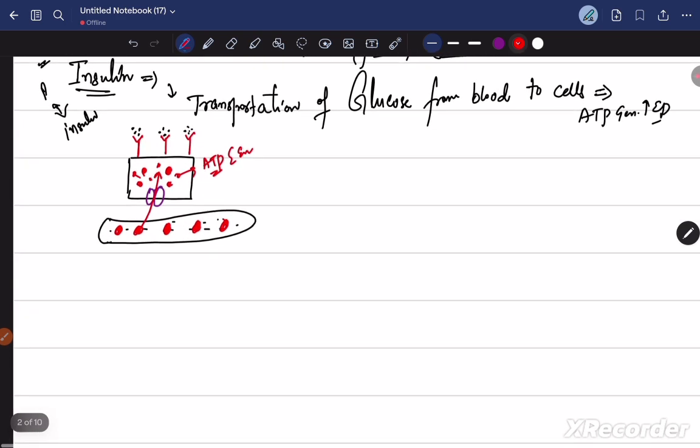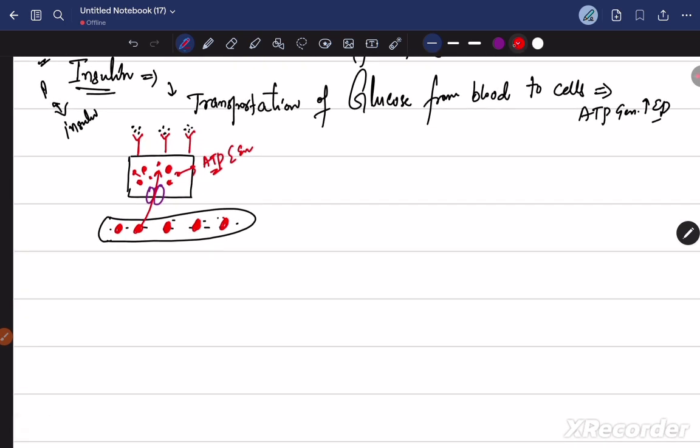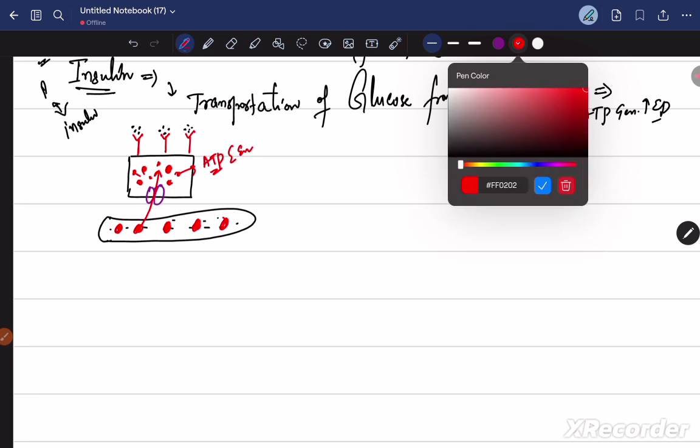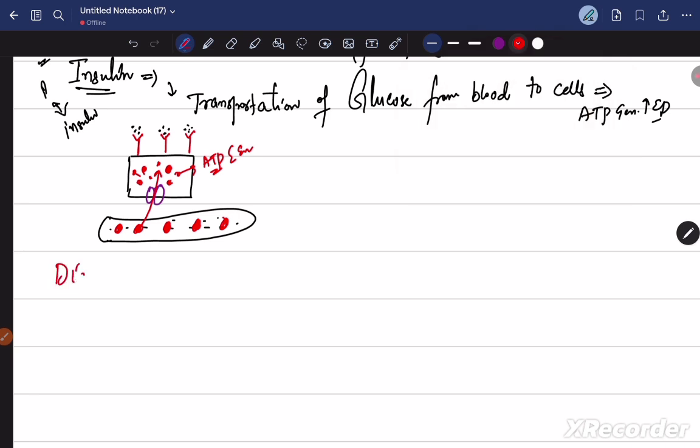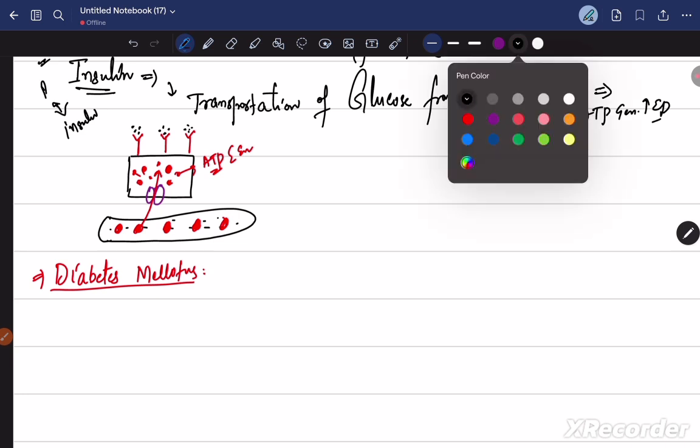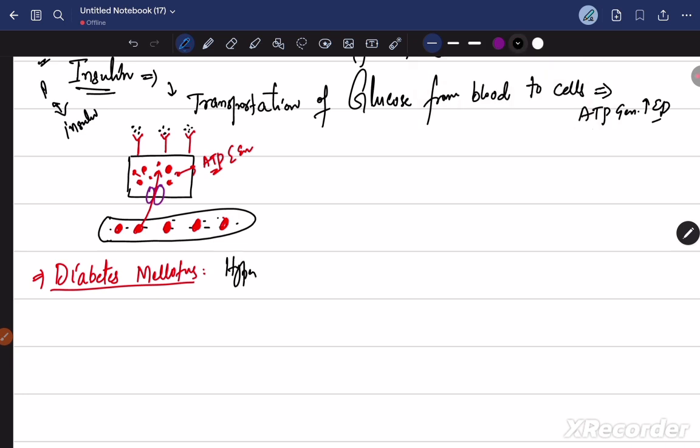Now what happens in diabetes? You know that diabetes mellitus, in layman's language, we can say it is characterized by hyperglycemia.